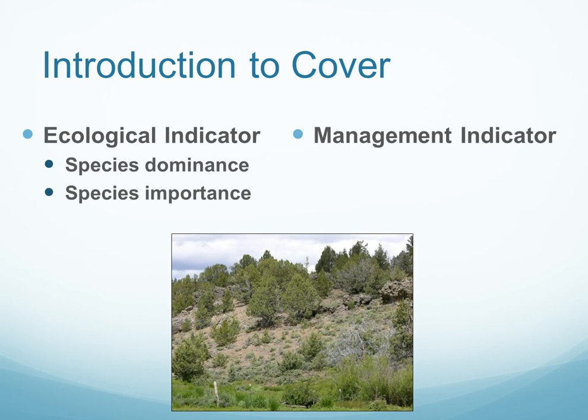For example, we can derive information about species dominance and importance, as well as the functioning of ecological processes from cover data. For example, in the image that we see here, we see a pinyon juniper woodland that is dominated by juniper trees and, to a lesser extent, pinyon trees.